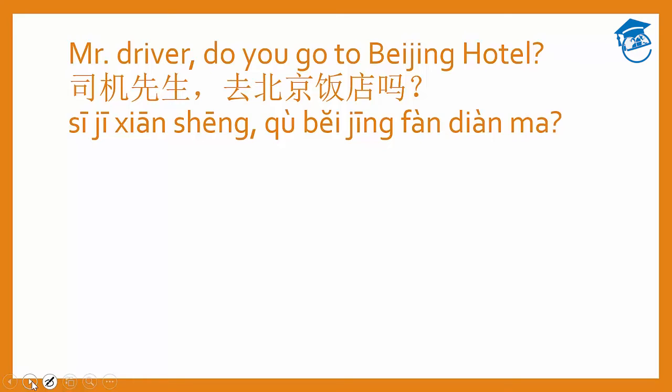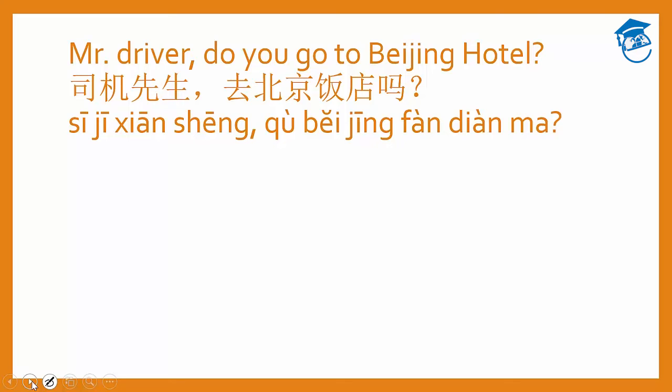Okay? And then ma is to denote this is a yes or no question. So you can see that this is a very simplified question. Okay? It doesn't include the subject. Of course, if you want to add it in, you can also say 您去北京饭店吗? This to ask, you go to Beijing Hotel.